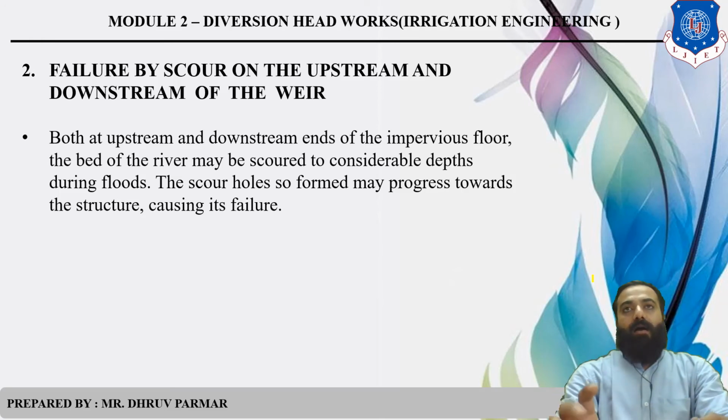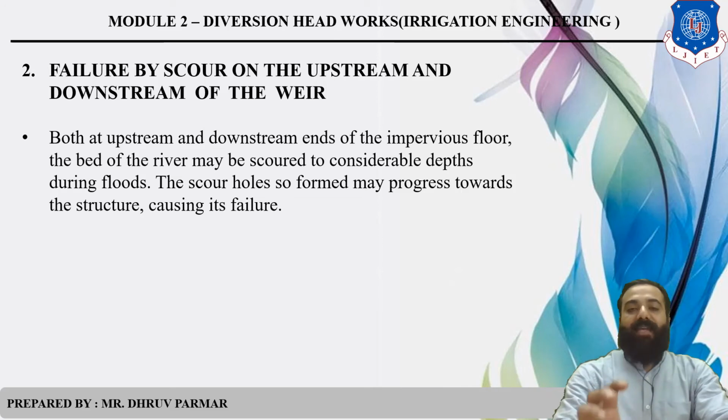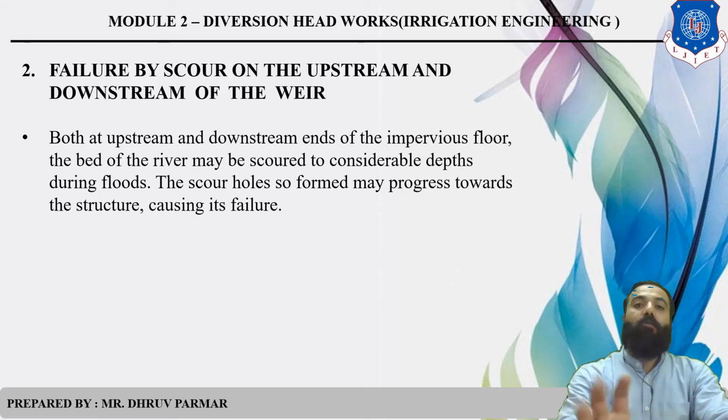You studied this in dam engineering: small holes occur due to force as well as some insects. Due to that, the holes progress thoroughly through the structure, and that particular weir or dam will fail. Same as that, but in this condition we consider scouring.